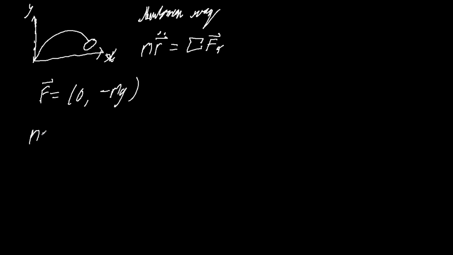So we get m y double dot is equal to negative mg. And then we solve this differential equation by first canceling out the masses. So we just get the acceleration is equal to some constant.